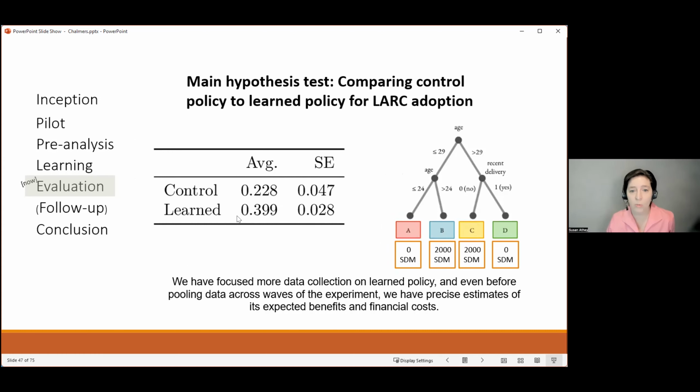And overall, we got 40% of the women leaving with a long-acting contraceptive with the targeted treatment assignment policy, while only 23% left with one in the control. And the control was using the women choosing what order to go in, and it also didn't have discounts.